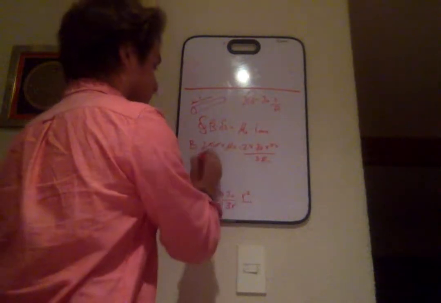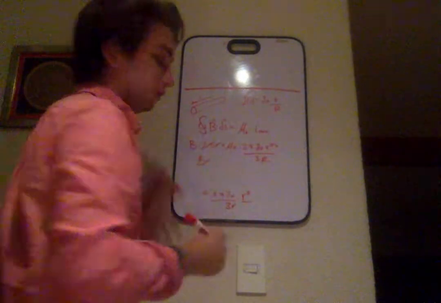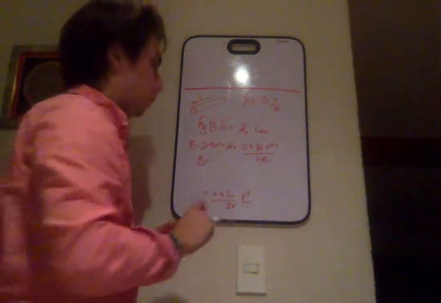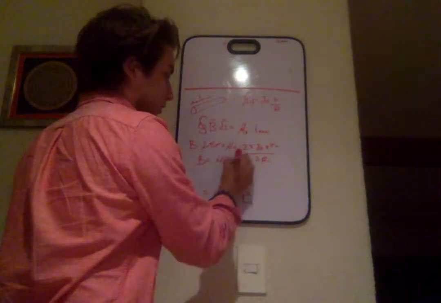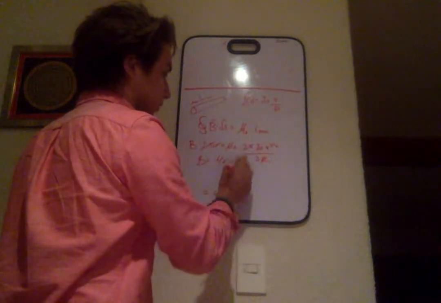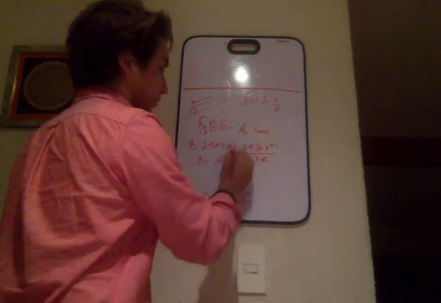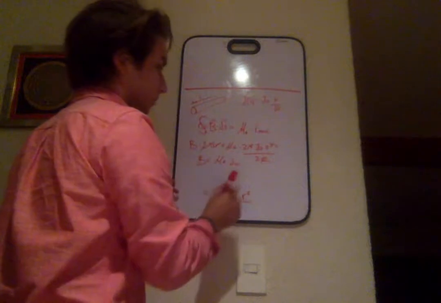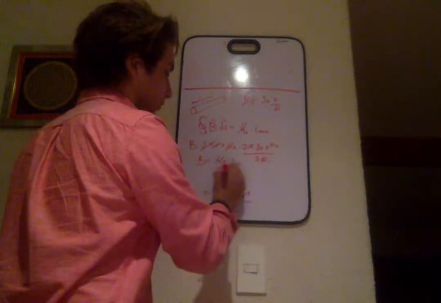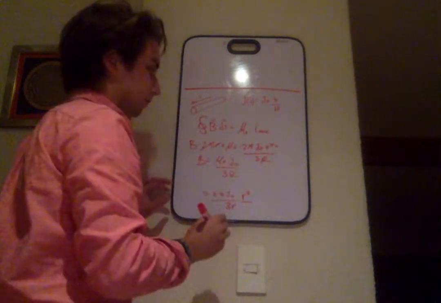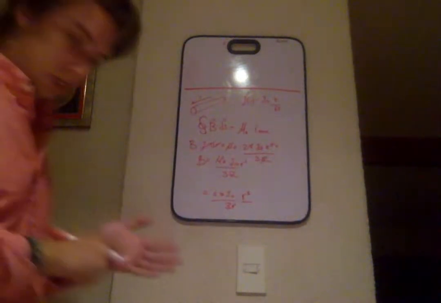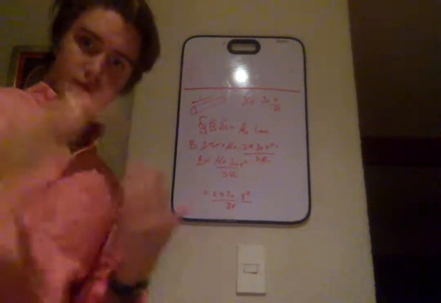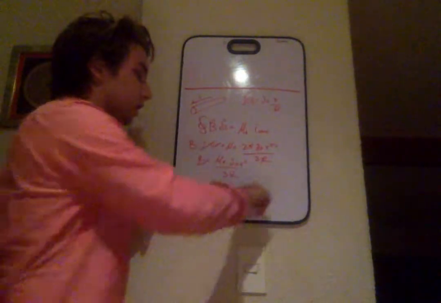So our equation for the magnetic field inside our wire is just mu 0 times j0 over 3R times r squared. And that's the correct response.